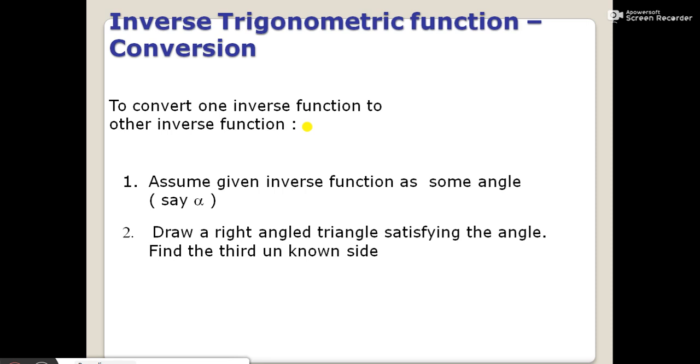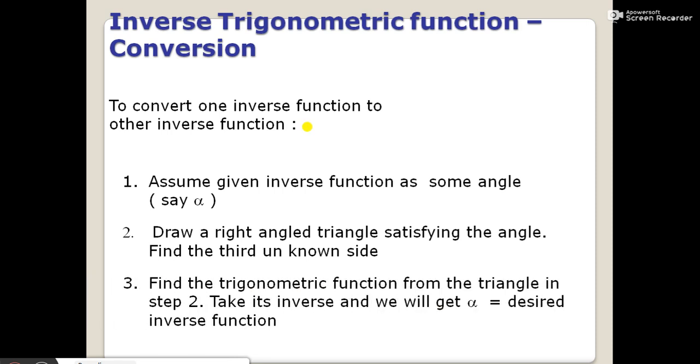Perpendicular is 1, base is 2, then find the third, hypotenuse side. And third step: find the trigonometric functions from the triangle in step 2 as per the requirement of the statement and take its inverse, we get alpha, the desired inverse function.